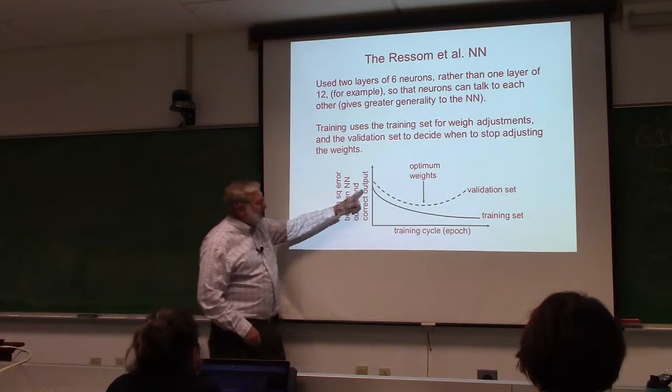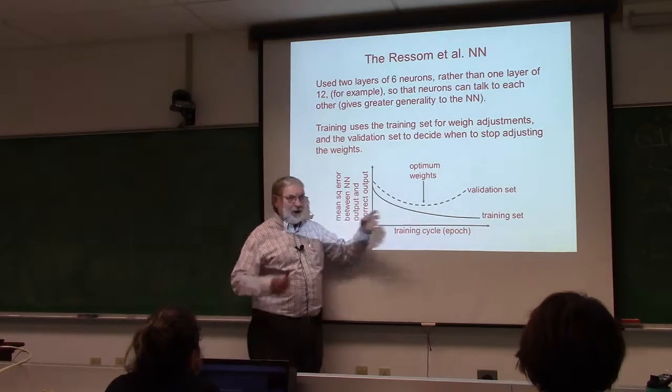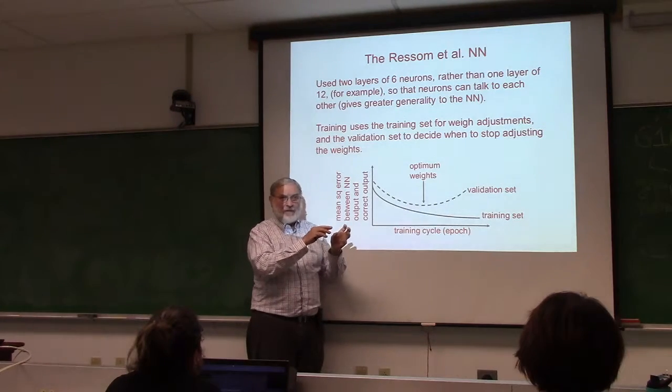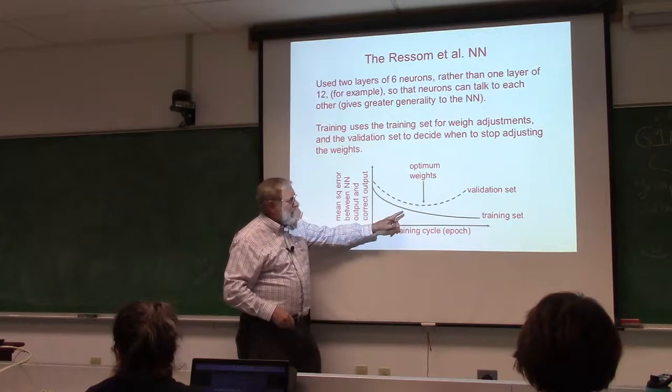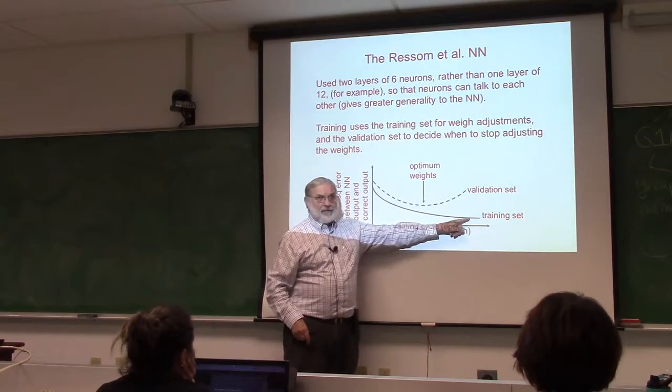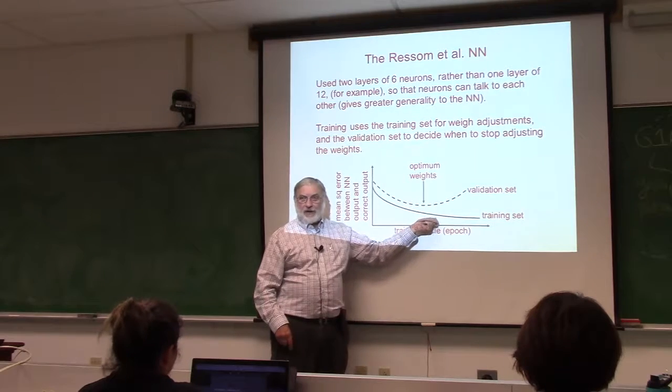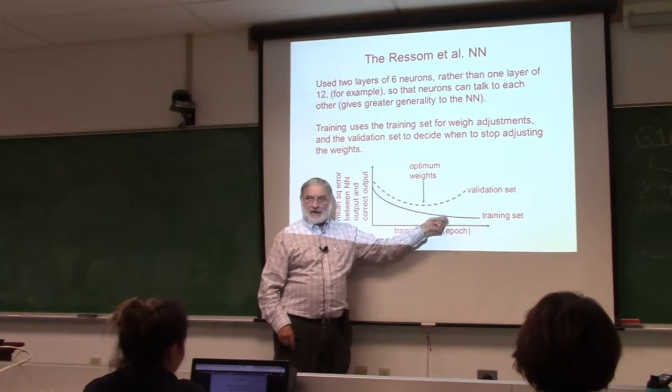The problem is, as you start here, the neural network is really homing in on what were the most important weights for getting the right chlorophyll. If you keep going long enough, you've kind of captured all the biology, and now you're fitting the noise in that particular data set.